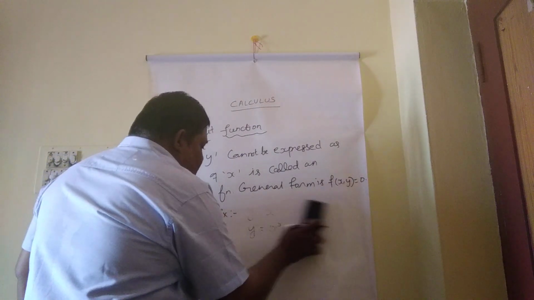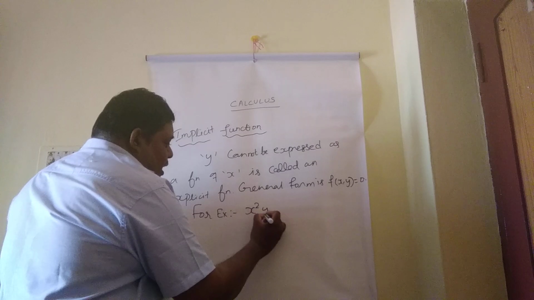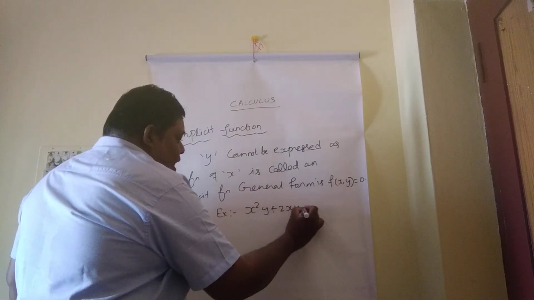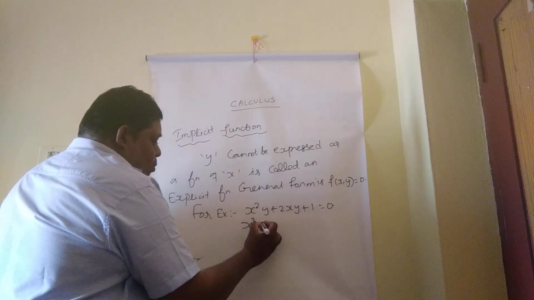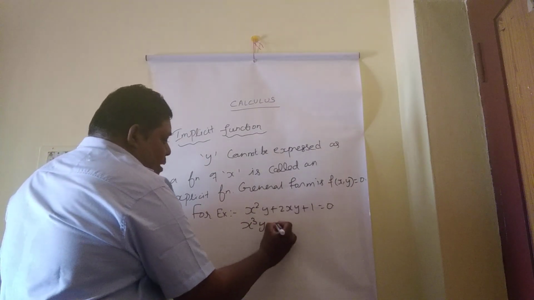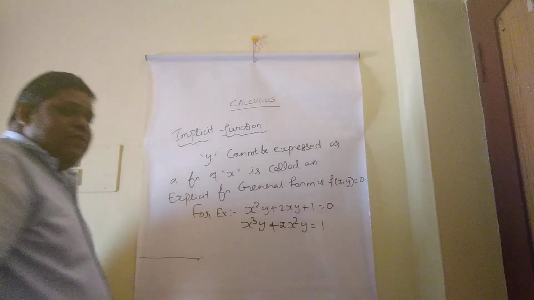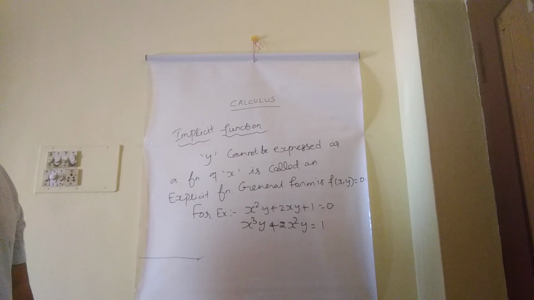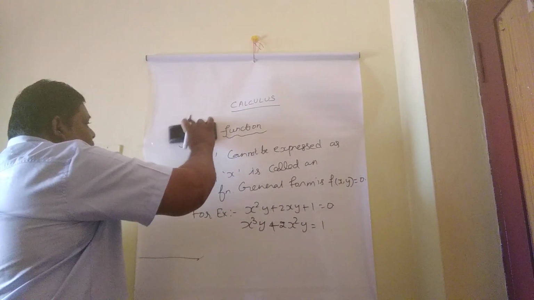For example, x squared y plus 2xy plus 1 equal to 0. X cube y plus 2x squared y equal to 1. For example.